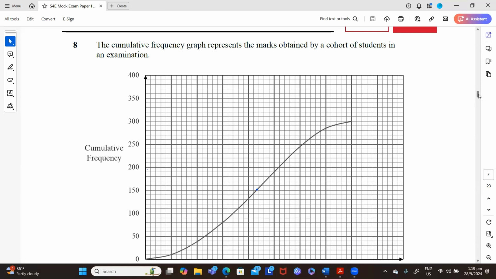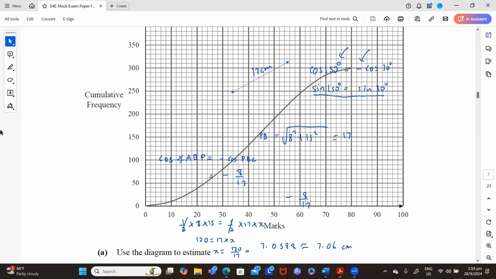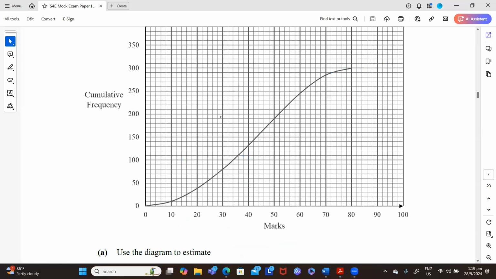So trace this point down. You realize it's 42, 43. So the median marks obtained by the students is 43.